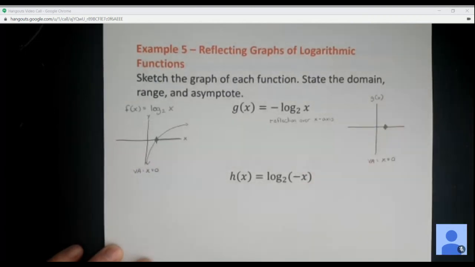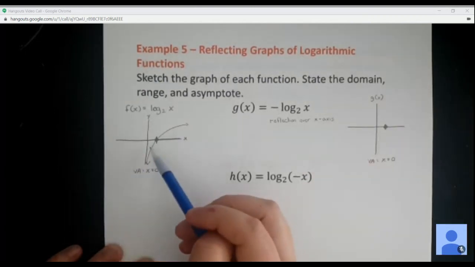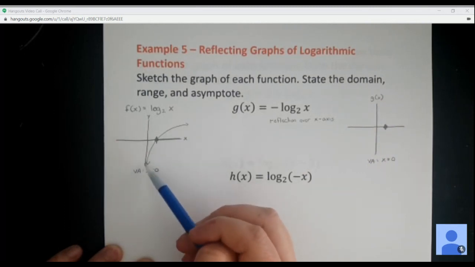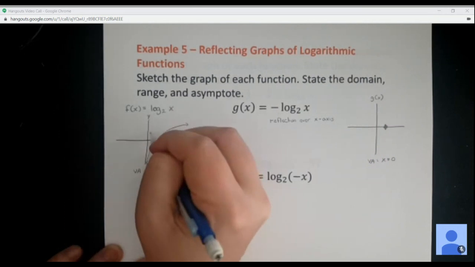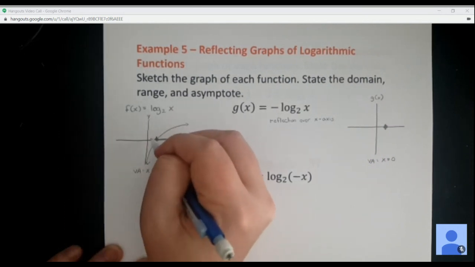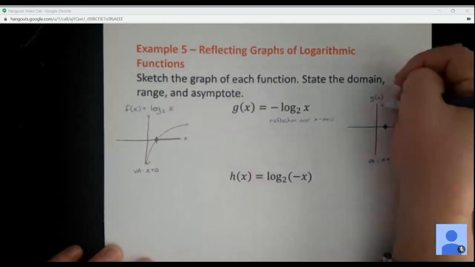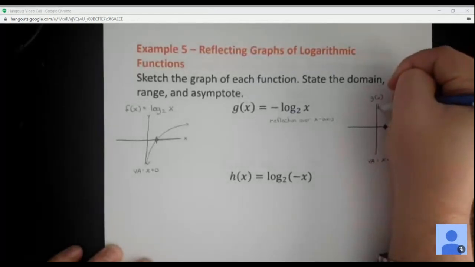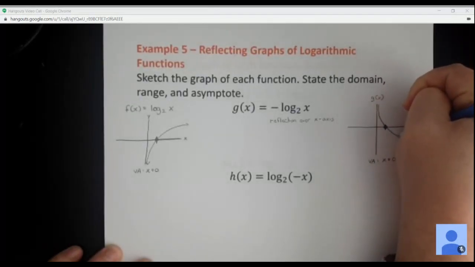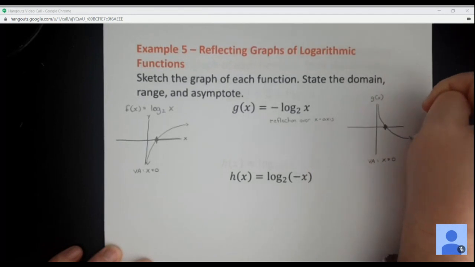Now the difference here is because we're reflecting it over the x-axis, instead of approaching our y-axis here at x equals 0, it's going to be going up this way because this piece is going to get reflected up here. So now this is going to be going that direction, and then it's just going to curve down and to the right like this.